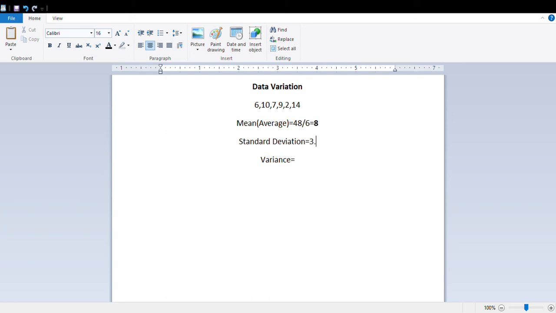So 3.70, right? And this variance, if you guys don't know, variance is basically standard deviation squared. So basically 3.7 squared, so you can just do 3.7 to the power of 2, and you should get 13.69.